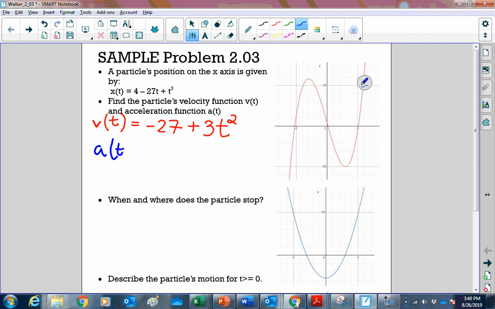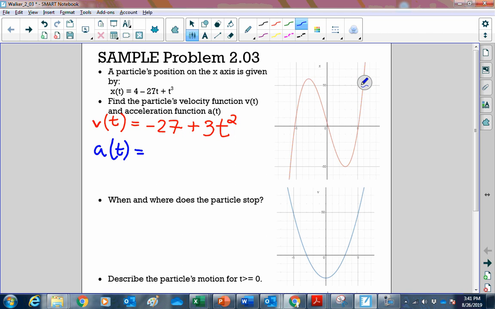So I've got the negative 27 goes away completely. That's a constant. So if I have a constant, then the exponent of t is 0. And when I multiply that down as a coefficient, I take 0 times negative 27 and I just get 0.